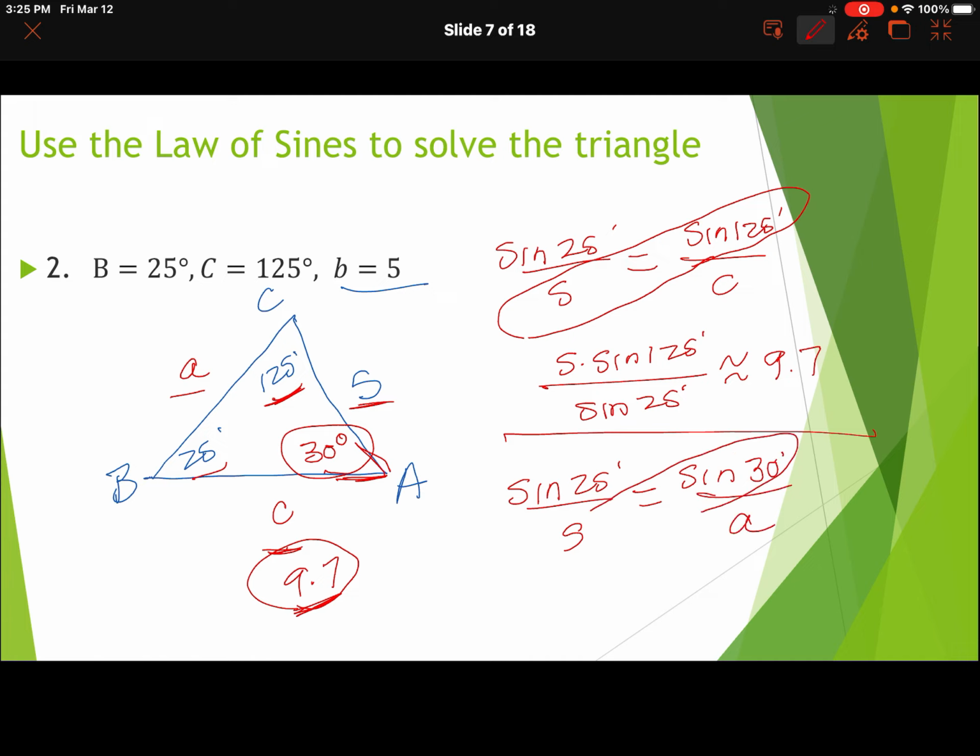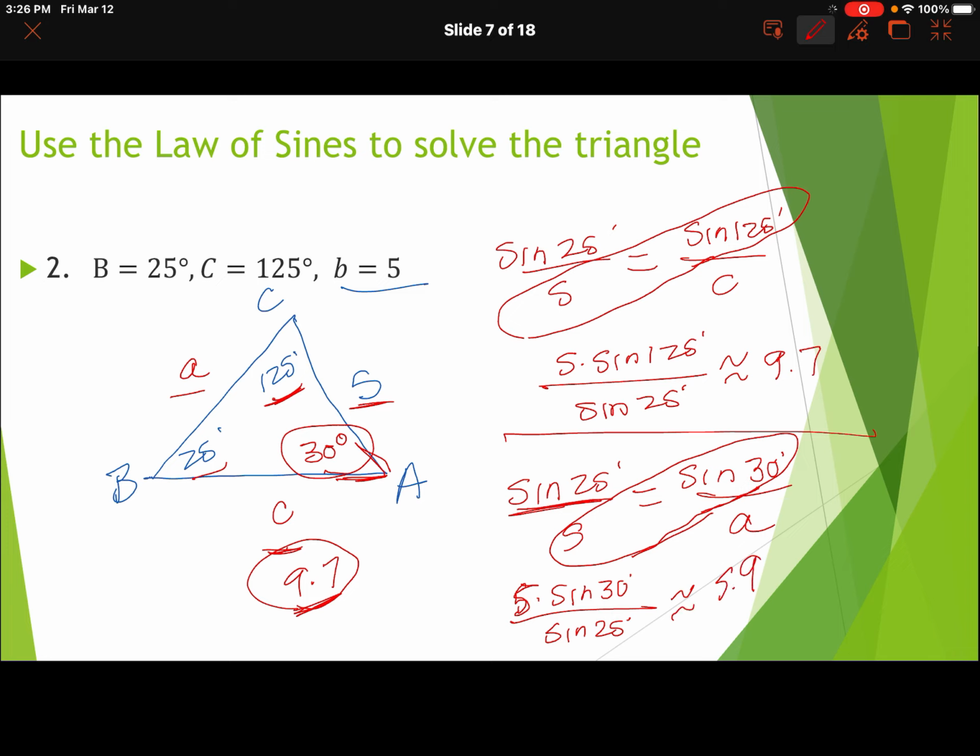Again, I'm going to cross multiply like this. So I'm going to do 5 times sine of 30. Sorry, my 5s don't look very good. Over sine of 25. I always multiply the two together and then divide by the one on the outside. I put that in my calculator, and side A, I got 5.9.